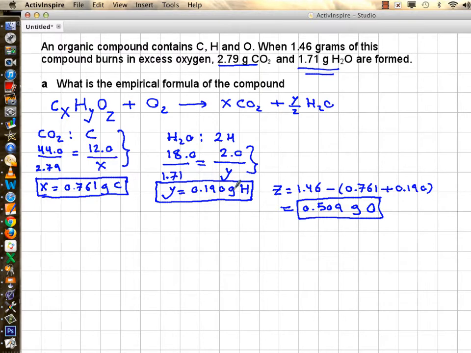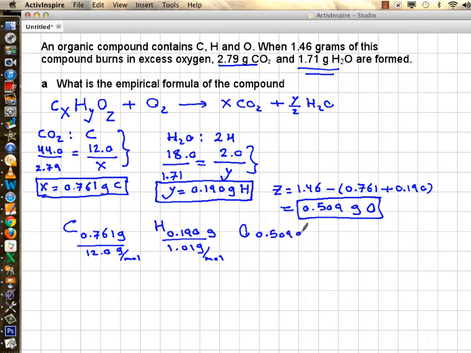You have to convert the grams into moles. So for carbon, 0.761 grams divided by 12.0 grams per mole. Hydrogen, same conversion, 0.190 divided by its atomic mass, grams per mole. And oxygen, you have 0.509 grams divided by 16 grams per mole.